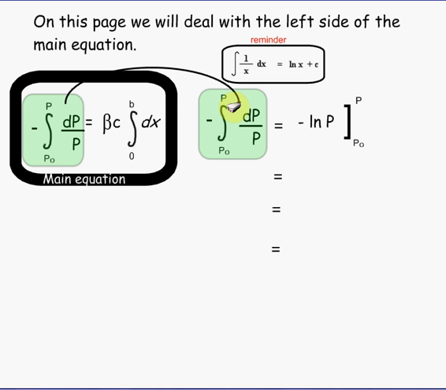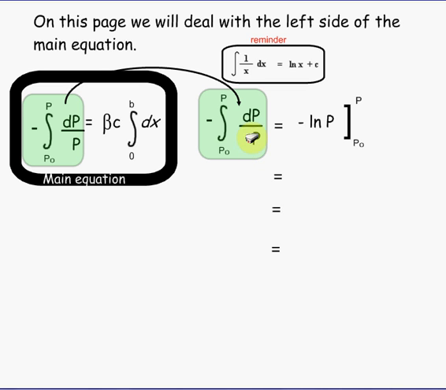So as we move on, we'll work with the left side of our integration. Now, this side, our limits of integration are P naught and P, and we're going to be getting the integral with regard to P here. Notice that we have 1 over P because P is in the denominator.